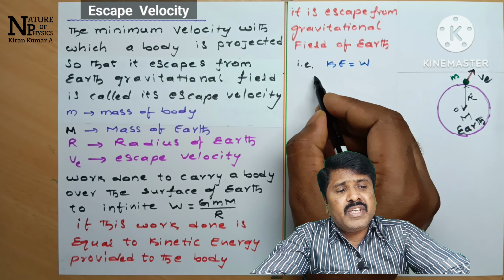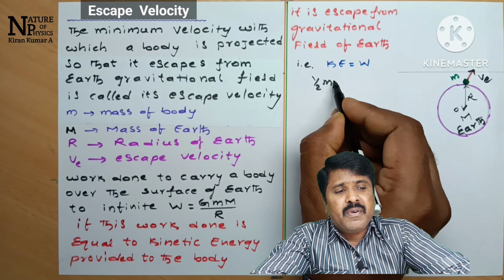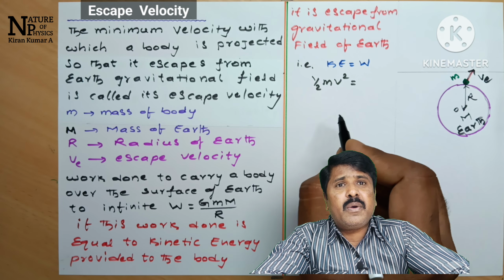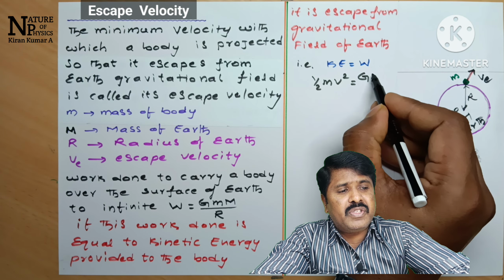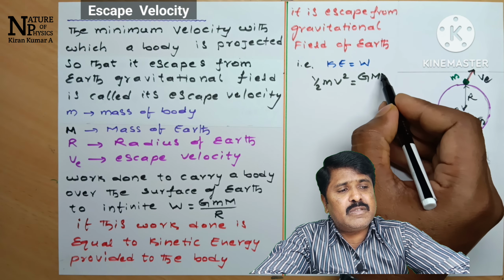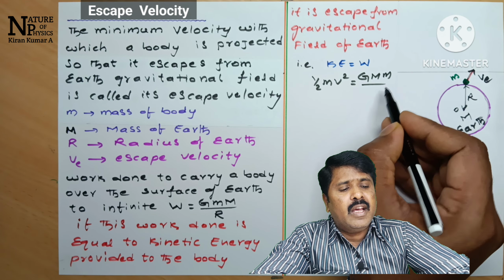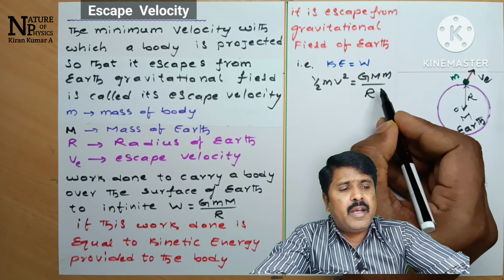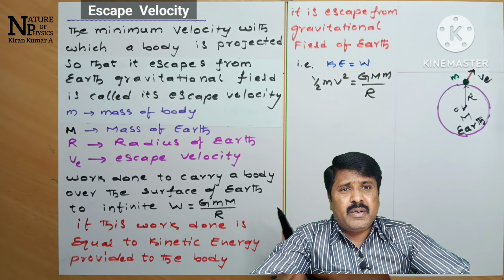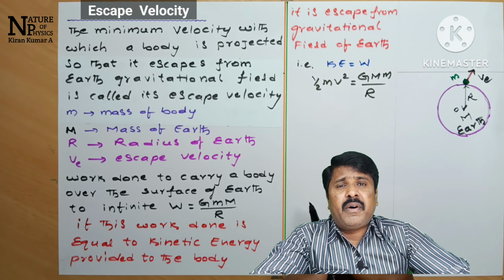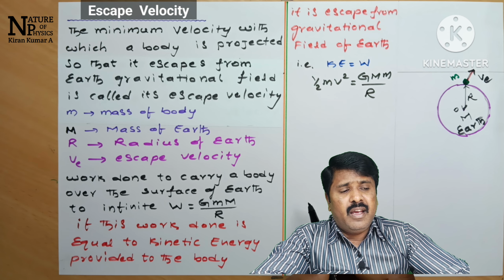So half m v square equals the work done, G M m divided by R, where G is the universal gravitational constant, M the mass of the earth, and m the mass of the body. This work done is actually stored in the form of gravitational potential energy.